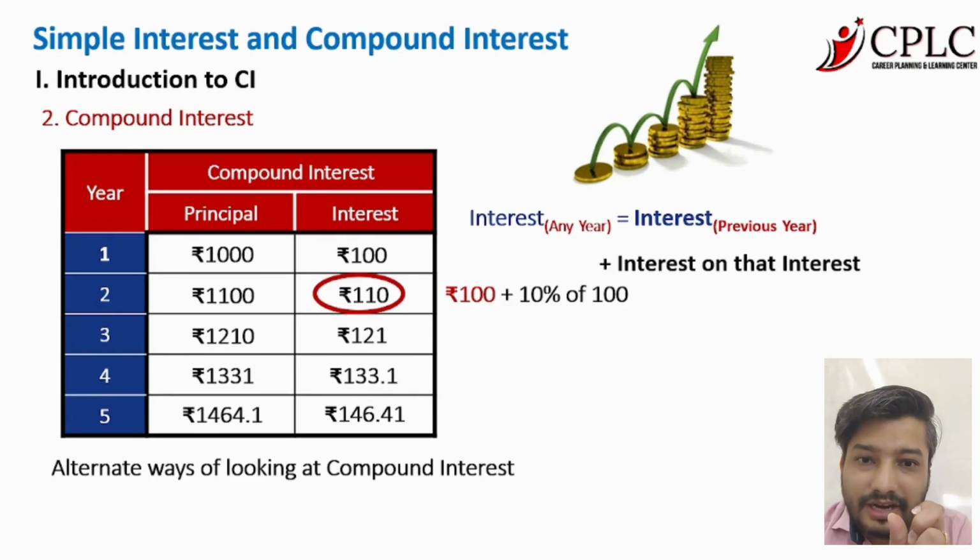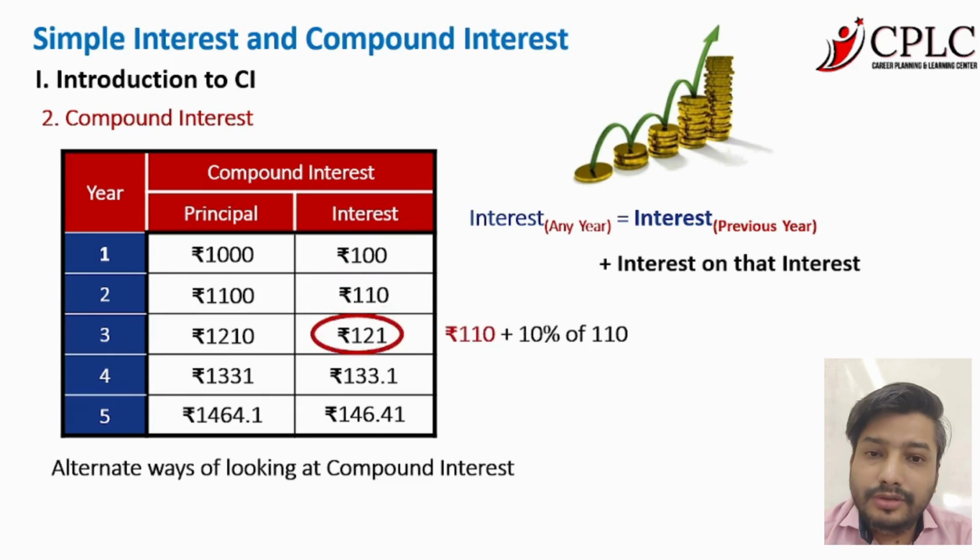So the breakup of 110 is the previous year's interest, which is 100, and on top of that you calculate R% of that. So 100 plus 10% of 100 is 110. The same can be done for 121. 110 was the previous year's interest, and you also calculate 10% on that. 10% of 110 is 11, so 110 plus 11 becomes 121.